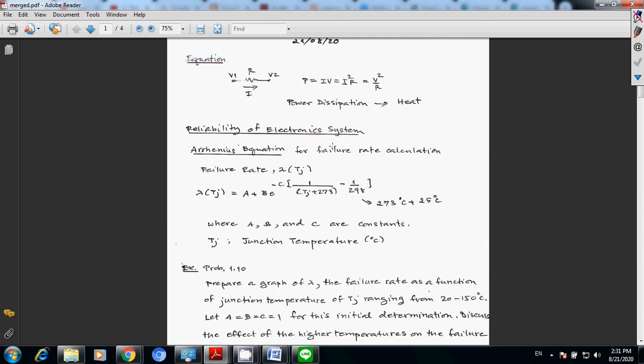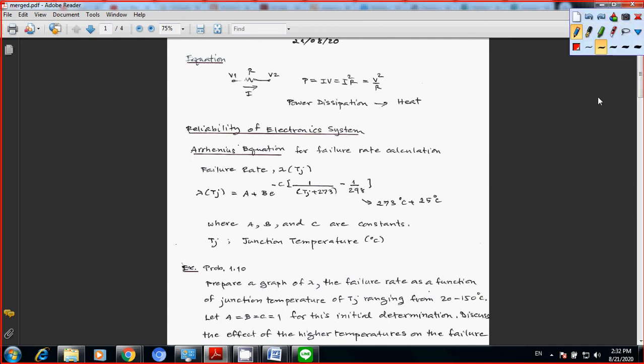In this case, it's going to be the junction temperature represented by T with subscript J. J stands for junction. The Arrhenius equation is used to calculate the failure rate.